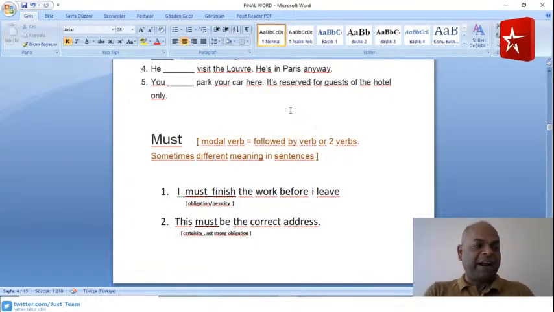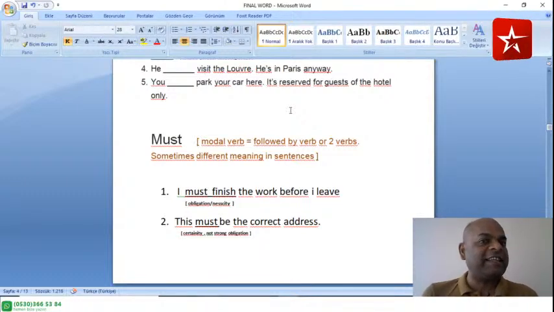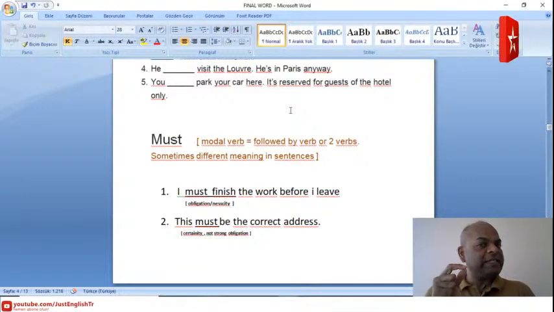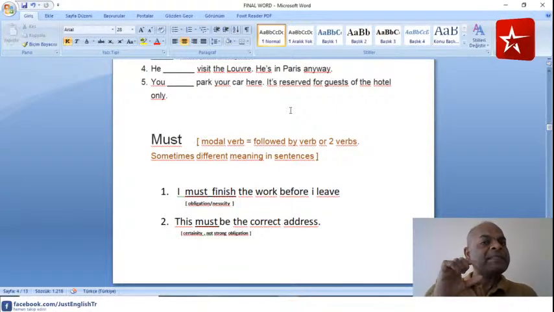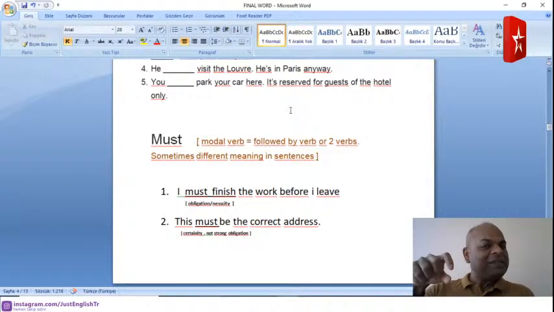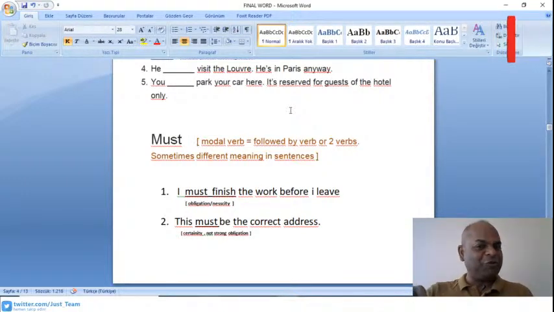Following is might. Now, guys, here the answer has to go as, remember, it says visit the Louvre. Now, he's in Paris anyway. So it means what? That it's like sort of a very possibility. All right? It's because the person is already in Paris, right?